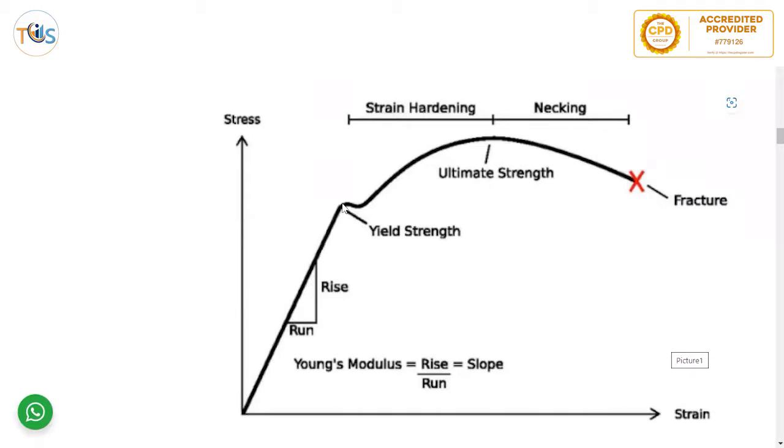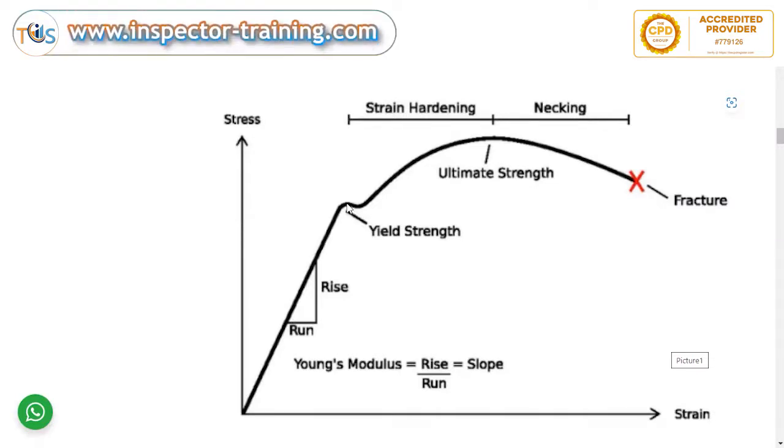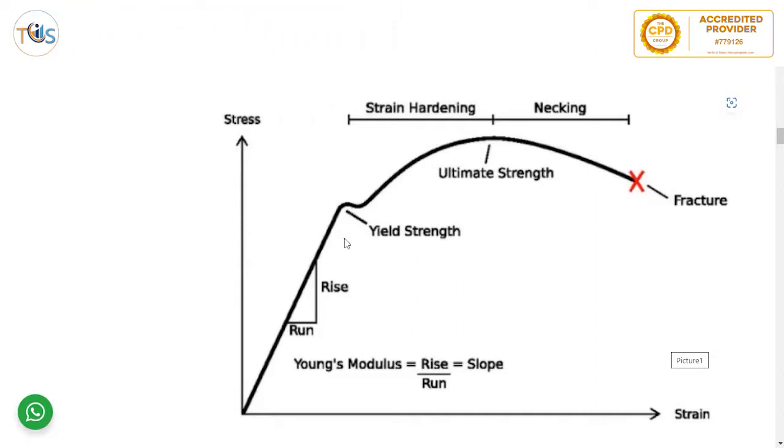It comes to a point which is called the yield point, when on the graph the stress applied is a bit reduced. There is a loop here, and this is because it went into yield strength. That means up to this point, yield strength, if you remove the load, the material goes back the same way up and down this graph the same way. So there is no metallurgical change in the material.